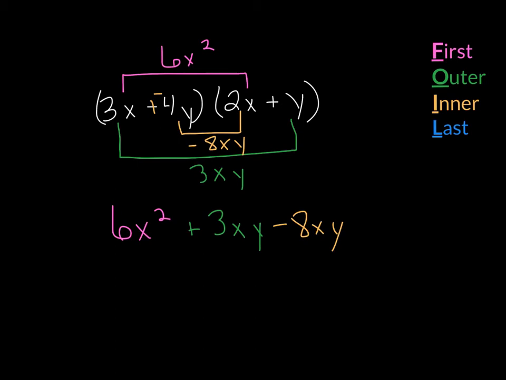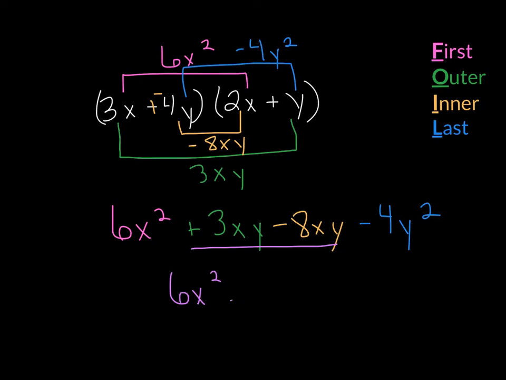Alright, and then we look for our last to be negative 4y and y, which give us negative 4y squared. Combine the middle terms. So 6x squared minus 5xy minus 4y squared.